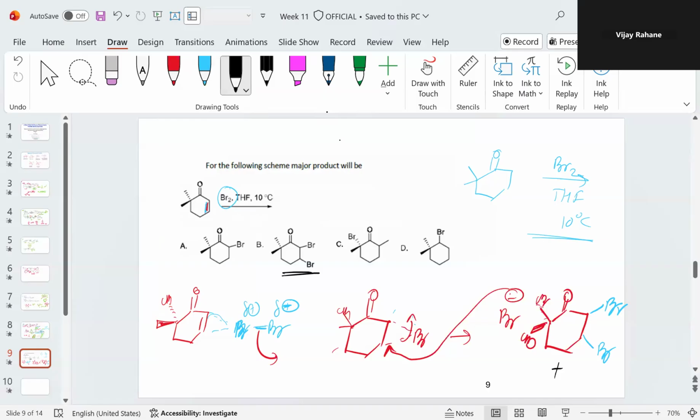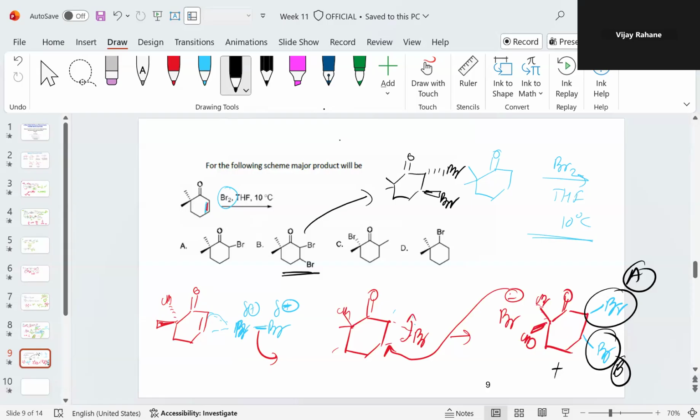So this is the product. The stereochemistry between the bromine A and the bromine B, if you look at the stereochemistry here, this should be anti. So in this case, there are two possible structures. In one, bromine here, bromine like this, remaining structure will be the same.